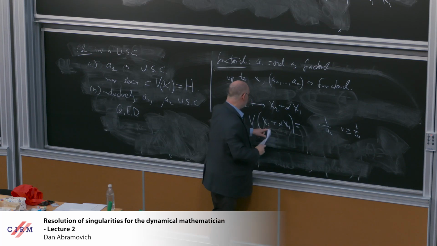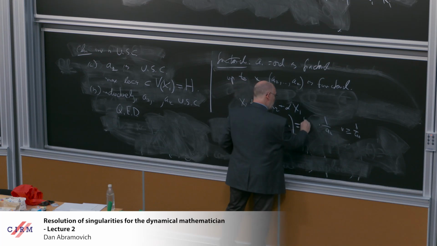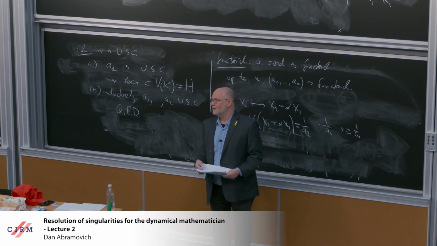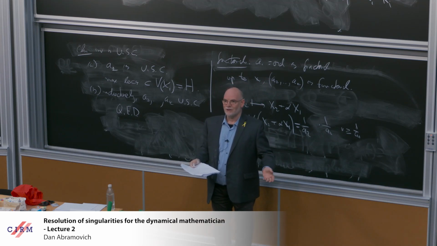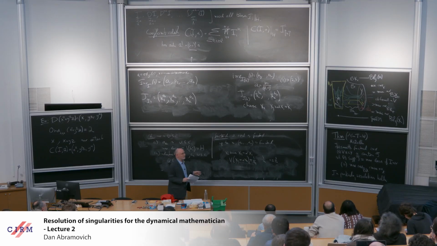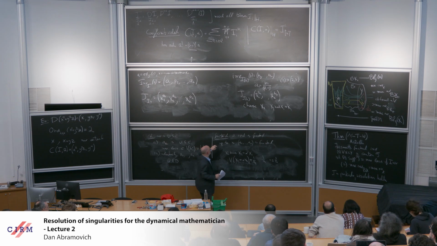So the valuation of this is still 1 over a2 because of the non-Archimedean property of valuations. Okay? So the lifts don't matter. I'm not sure I will say anything about why the choice of x1 is immaterial, but it is also true.